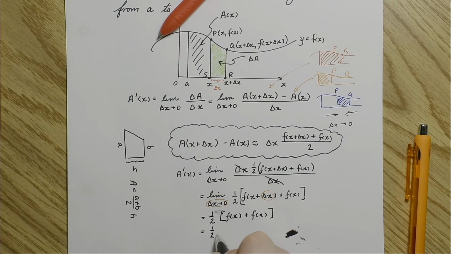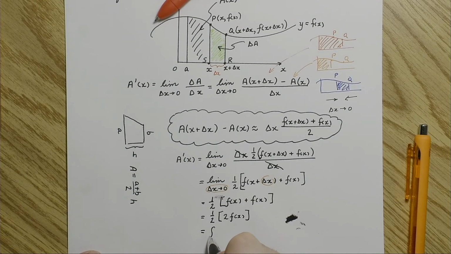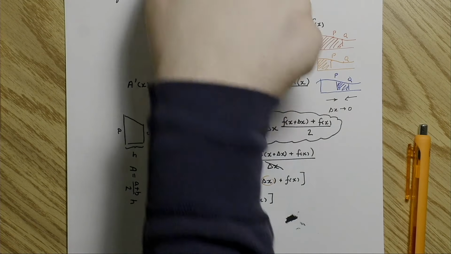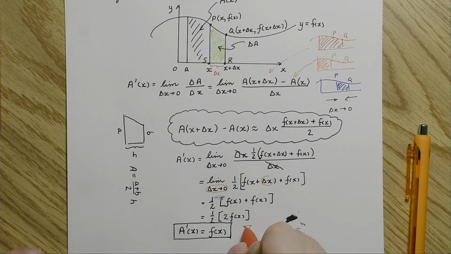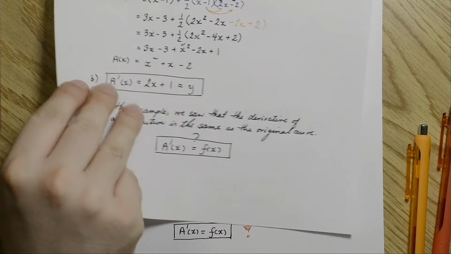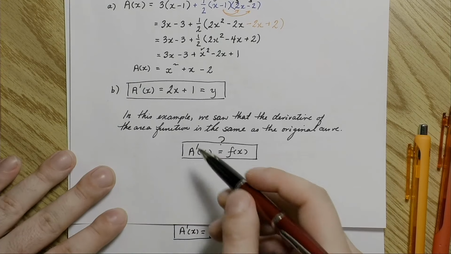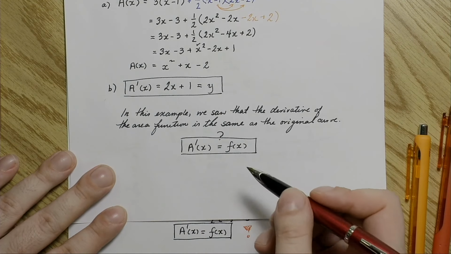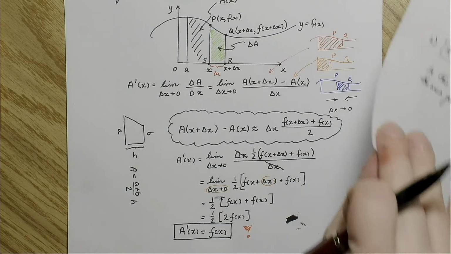That's equal to 2f at x multiplied by the 1/2, which leaves me with f at x. Wow. So yeah, we were able to show that the derivative of the area is equal to the original function. So that's how we tie it together.